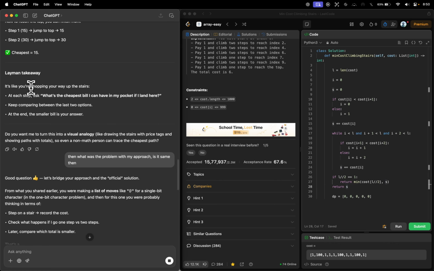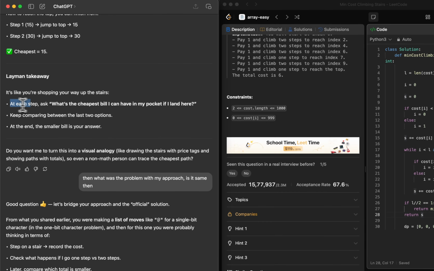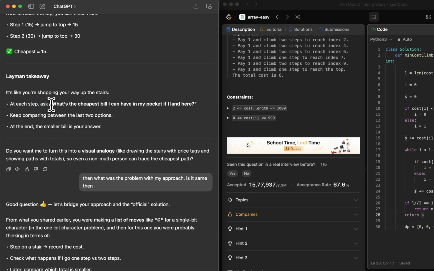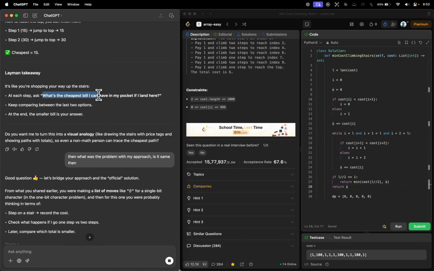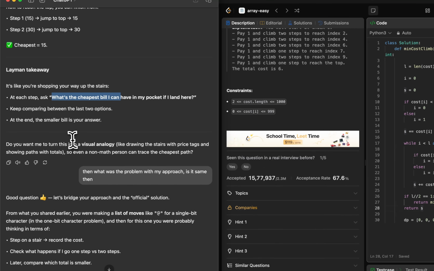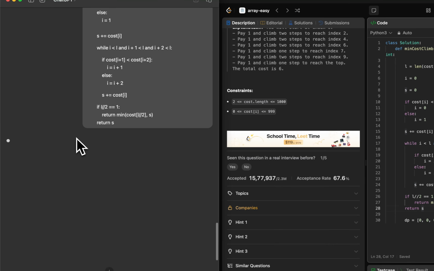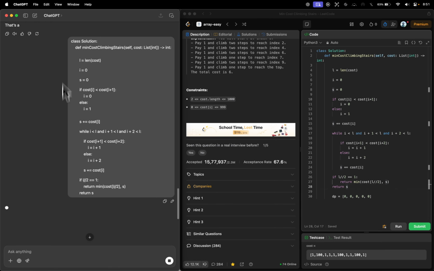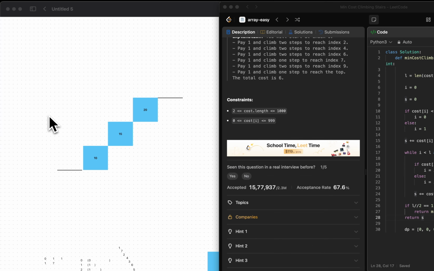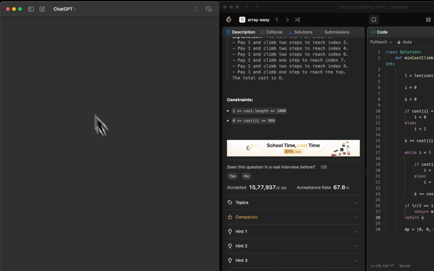It's like climbing your way up the stairs. At each step, ask, what's the cheapest bill I can have in my pocket if I land here? Yeah, that's correct. But I don't know what's happening. I can close it out and open it again.